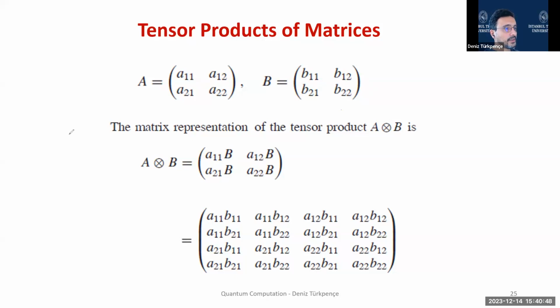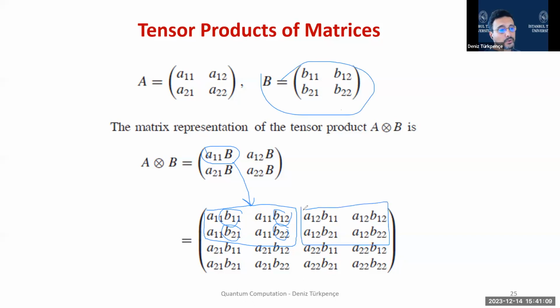So this corresponds to this. A11 is multiplied by B11, B12, B22, and B21, which is, in fact, this second matrix. And this part belongs to this part, okay? And so on. So I have a larger matrix, as I expect.